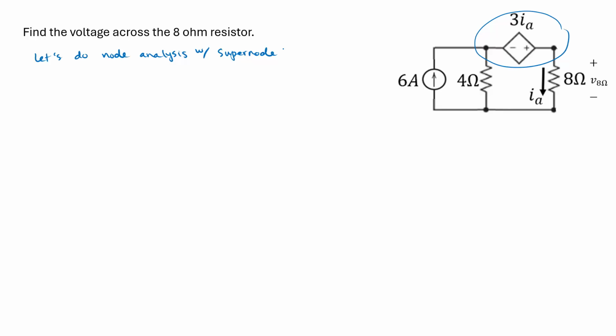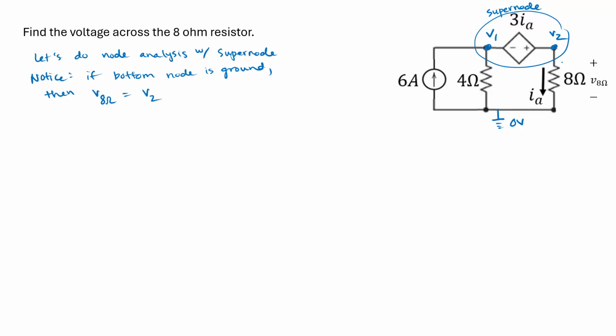And in this case, we have some nodes next to our supernode. We have, let's call it our voltage V1 on the left of our supernode and our voltage V2 on the right of our supernode. And it's also important to notice that if we let our bottom node be ground, then the voltage we're trying to find, the voltage across the 8 ohm resistor, is equal to our V2 value.